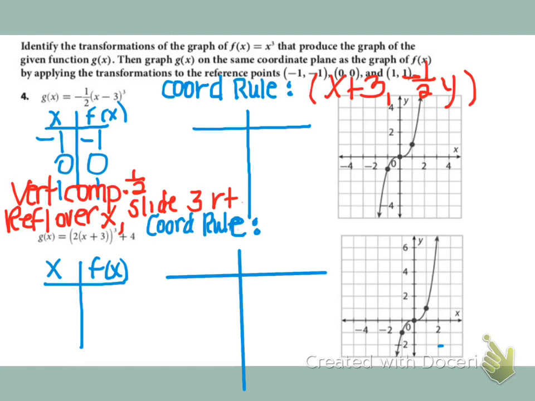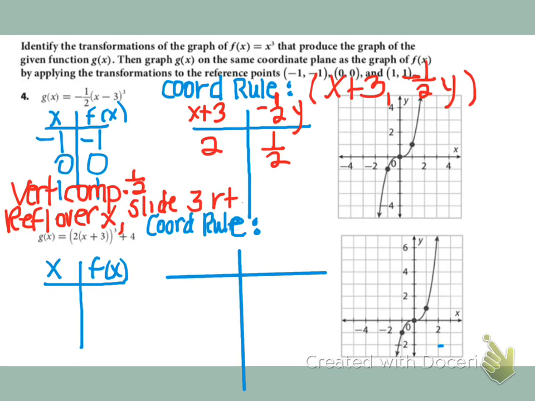And now we just have to apply them to our coordinates, right? So we're going to take the x values and add 3. We're going to take the y values and multiply by -1/2. And that will create these coordinates that apply this transformation. So negative 1 plus 3 is 2. Negative 1 times negative a half is positive 1/2.